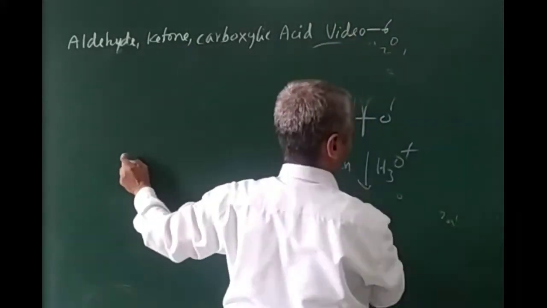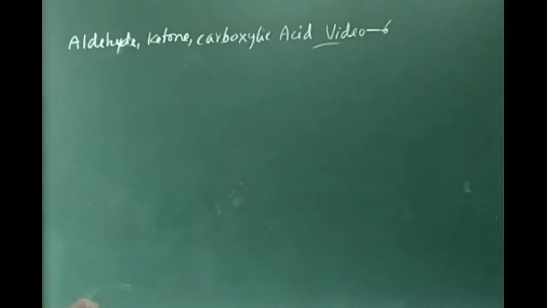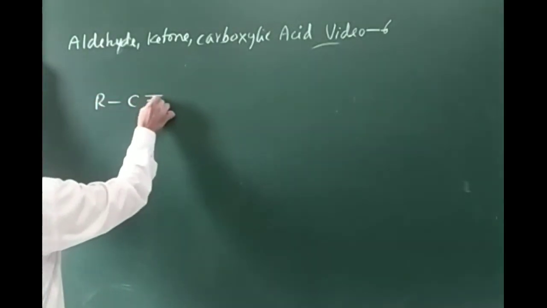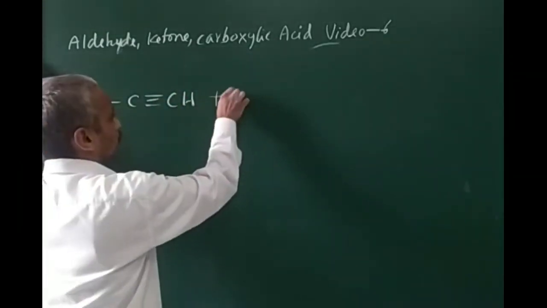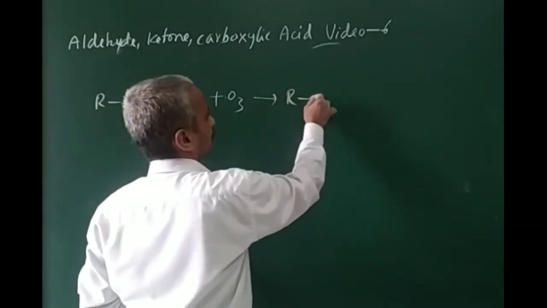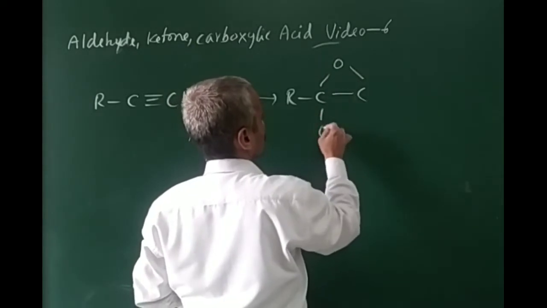Now, this concept is not there for annual exam. If I have a triple bonded compound or C triple bond CH, you treat with the ozone. What I am going to get? RCCOO.